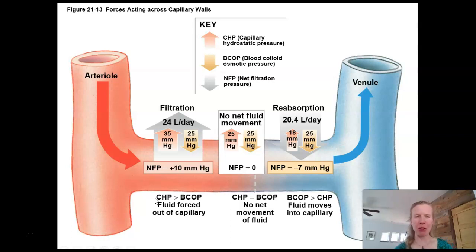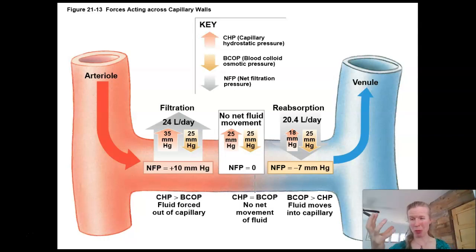So, as a quick review, as blood is coming into these capillary beds, they are the only part that's permeable enough for water to move in and out. But what we'll see is that we have certain forces, things like blood hydrostatic pressure, that's capillary hydrostatic pressure, overcoming blood colloid osmotic pressure.